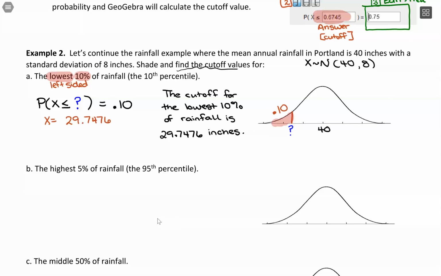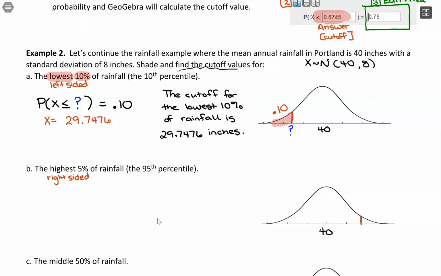So the highest 5%. Now this is going to be right-sided because we're looking at the highest values. So I'm going to be over on this right-hand side here, and 5% is a teeny tiny area. So I'm going to make a small area here, maybe there-ish.